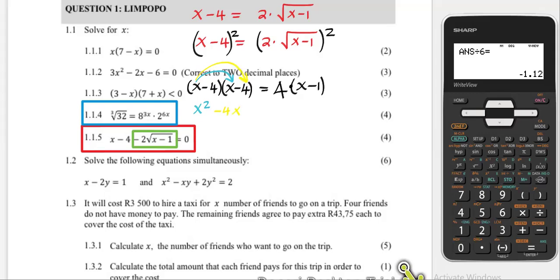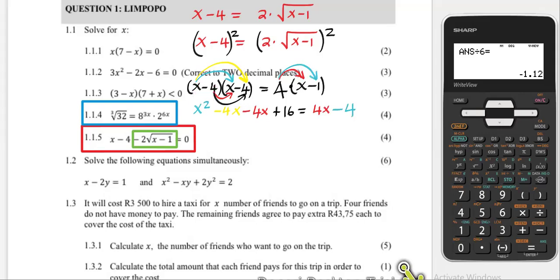And then it's a plus 16. I color coded everything. On the other side, the 4 times the x gives 4x, and the 4 times the minus 1 is minus 4. I'm no longer going to do it like this.